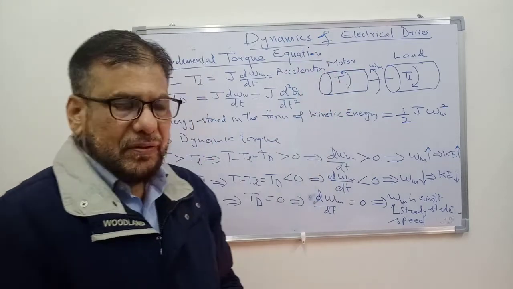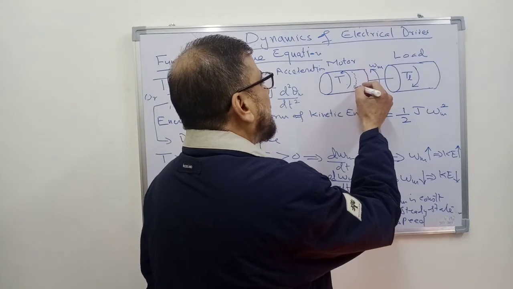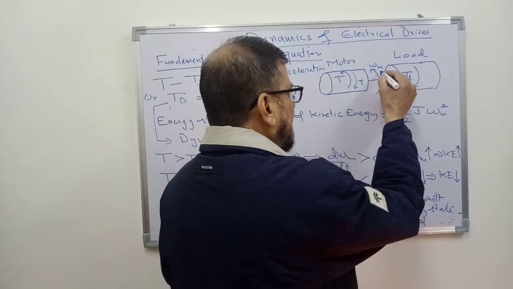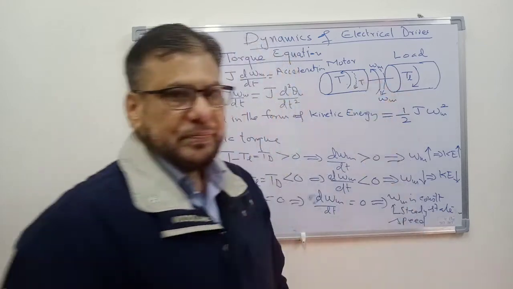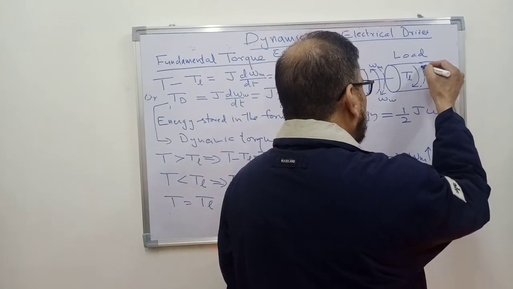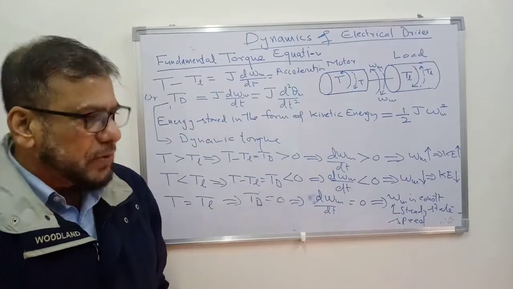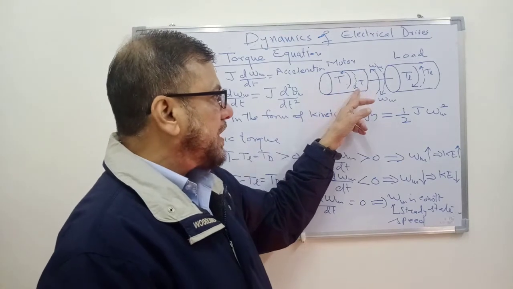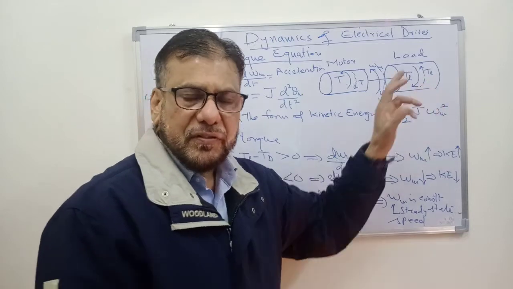Torque is clockwise. Let me show it like this. This may be the torque and that will result in speed in the opposite direction, and the load torque will be in this direction. So these dotted lines show the negative directions. Torque of the motor is negative, speed is negative, and the load torque is also negative. All the quantities are negative.